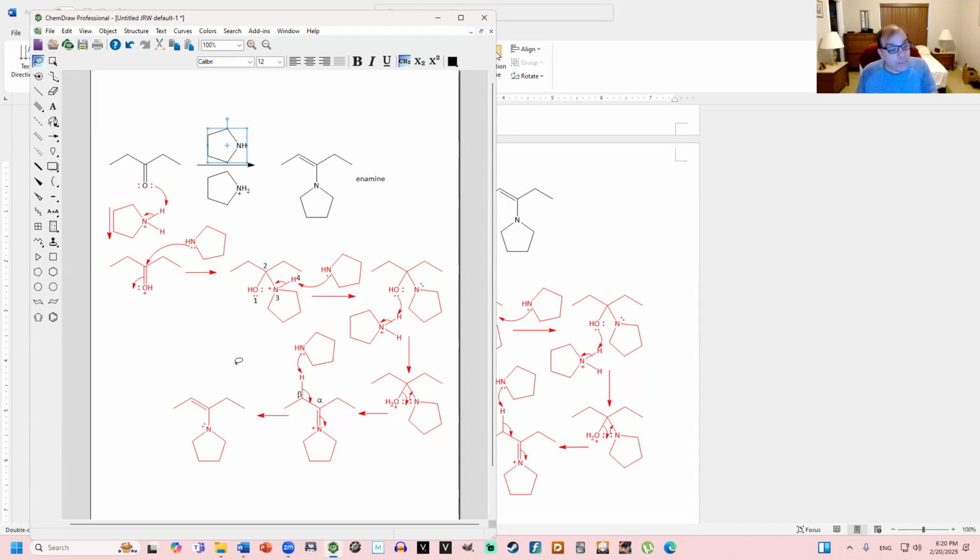A very common question is, how come I can't use a water molecule to pull that off? After all, we just made a water molecule over here. And that is once again a very fair question. The reason that we cannot use a water molecule is because we're only forming one mole equivalent of water.